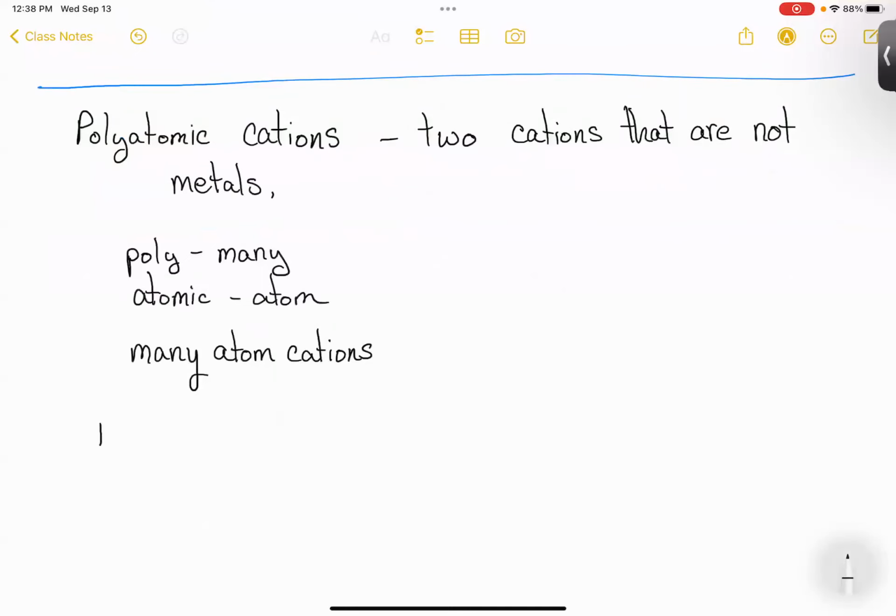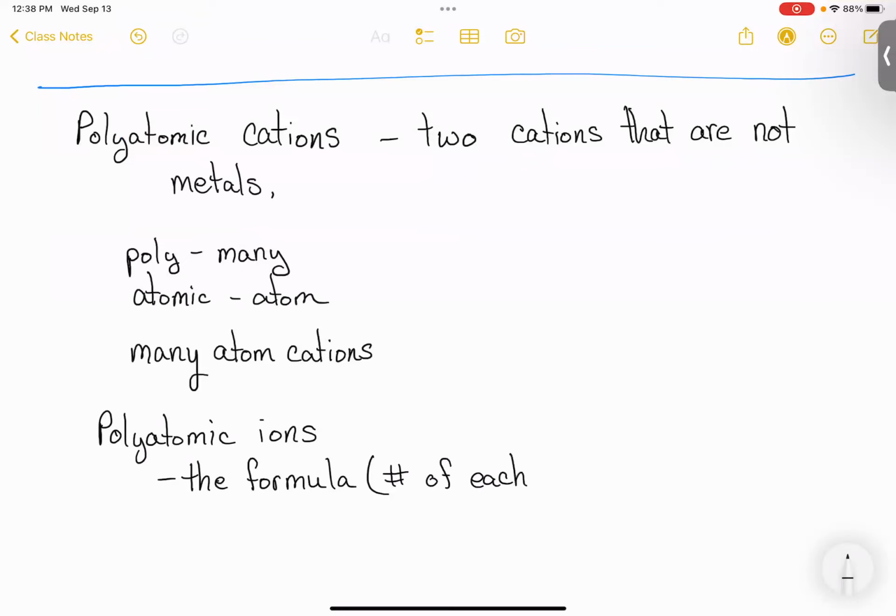Now, with respect to the polyatomic cations, two things to note. The formula, or in other words, the number of each atom, never changes.